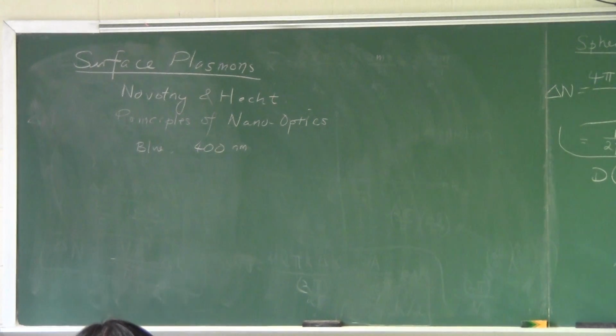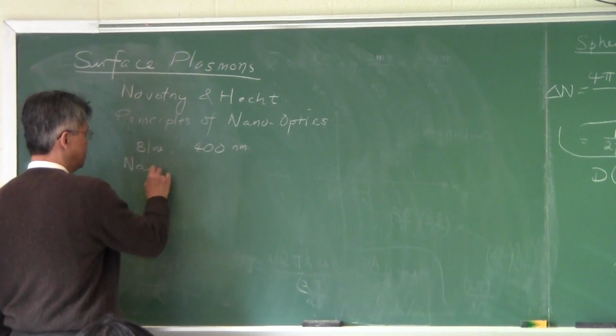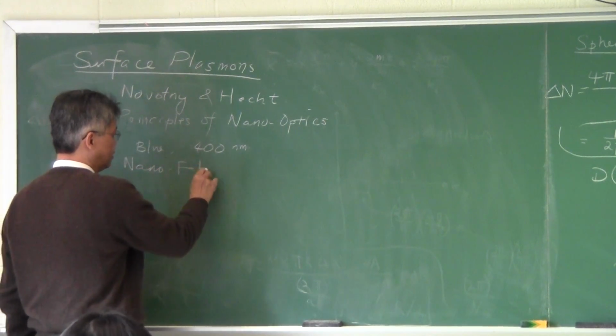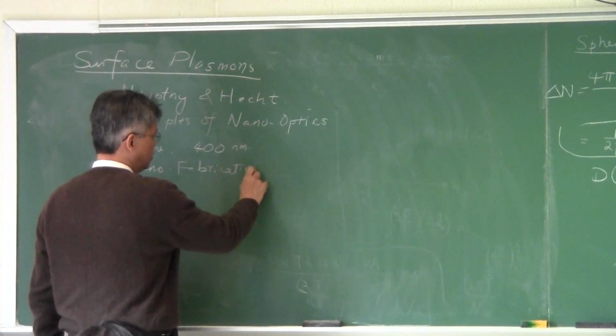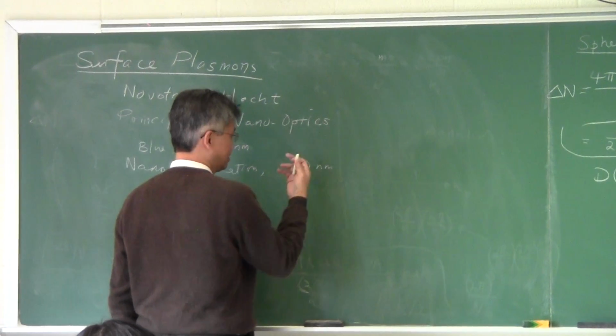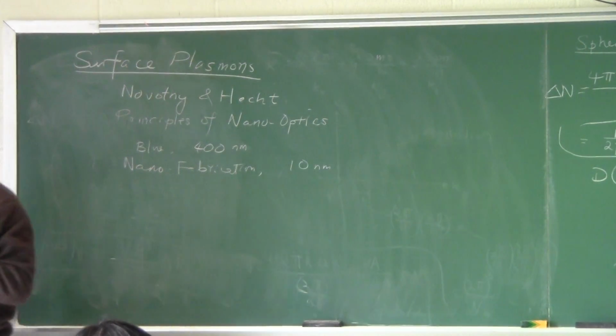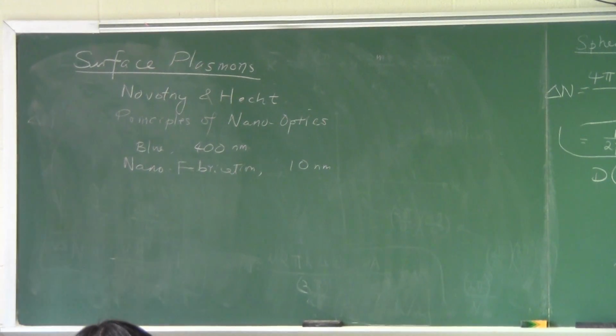Okay. And now, because of nanofabrication technology, things of 10 nanometer size can be made. You see that they will make little gadgets that are 10 nanometer size, which is extremely small. And then you can see transistors now.